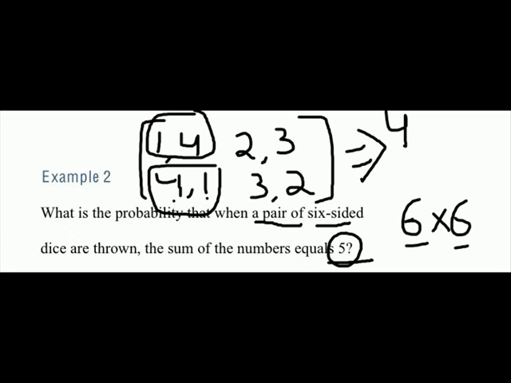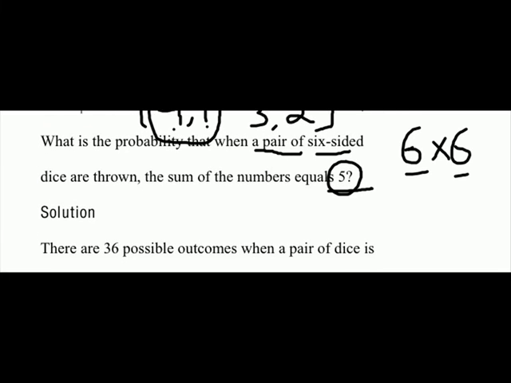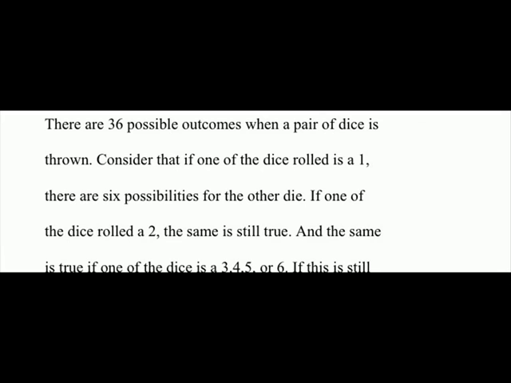Now to explain this a little further, let us actually note down a few examples. You can understand this better by looking at it as explained here. Considering that one of the dice gets a 1, then there are 6 possibilities for the other dice. So first dice is 1, second dice could be 1 or 2 or 3 or 4 or 5 or 6.